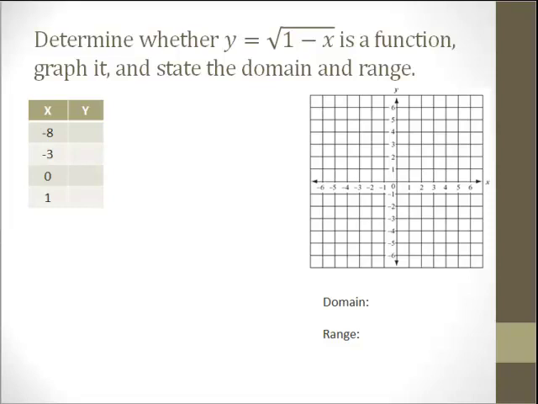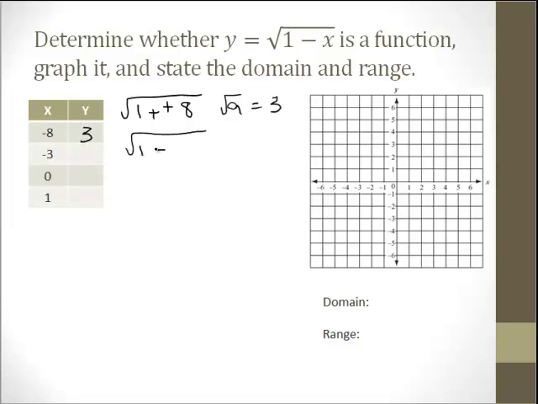Determine whether y equals the square root of 1 minus x is a function, graph it, and state the domain and range. Well, we could do that in a different order. We could graph it first, then state the domain and range, then determine if it's a function. Doesn't really matter. So we have y is equal to the square root of 1 minus x. That's 1 minus negative 8, or the square root of 9, which is 3.